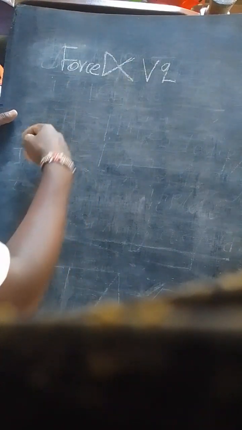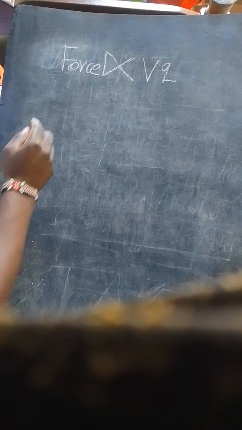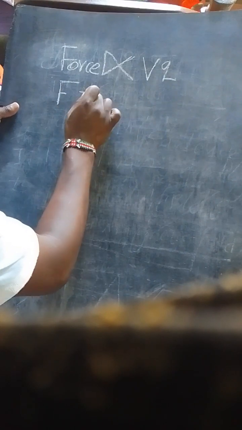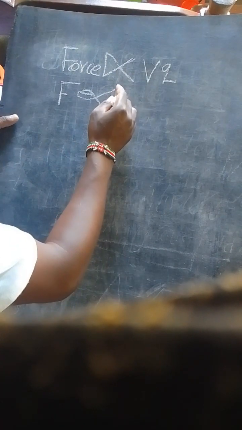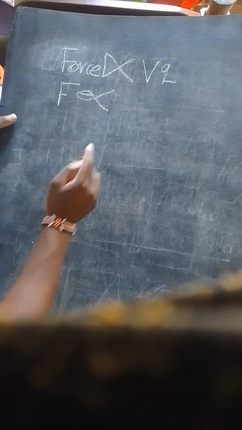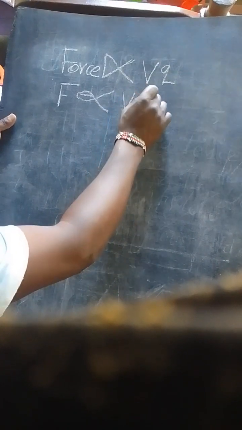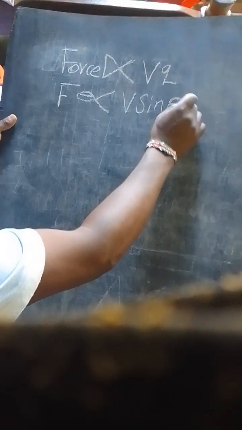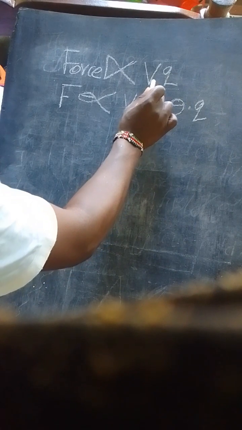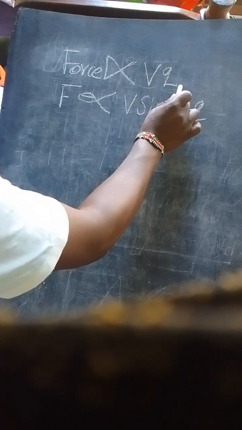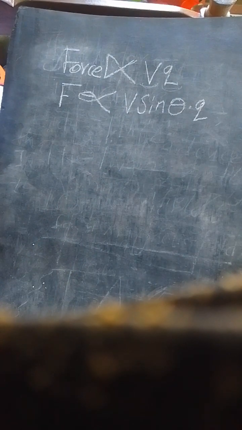So if we consider the vertical component, which we said is equal to V sin theta, we will say that the force will be directly proportional to the velocity in the vertical component, V sin theta, times the charge. Remember, the charge is here, and the velocity in the vertical component is V sin theta.